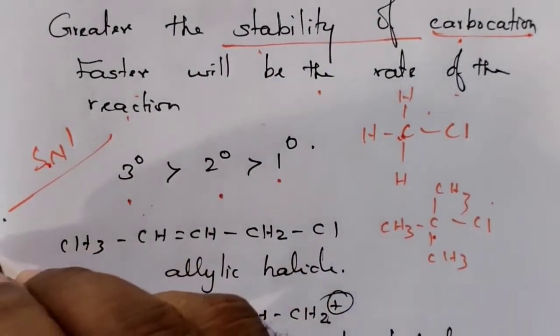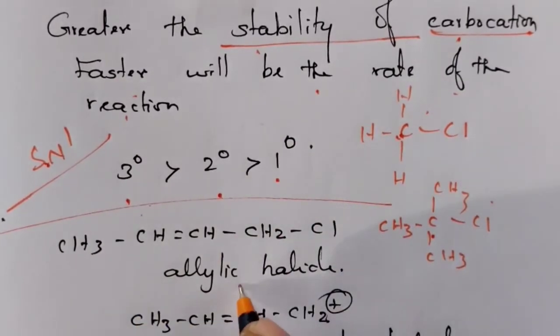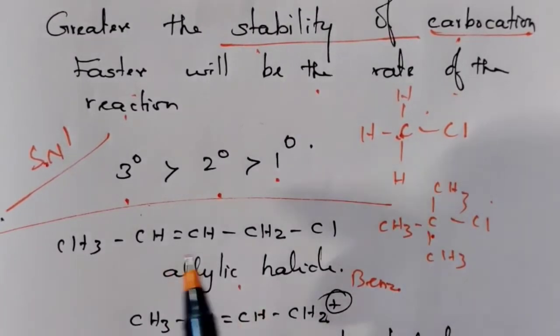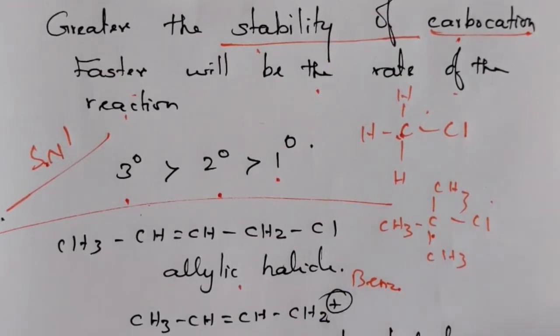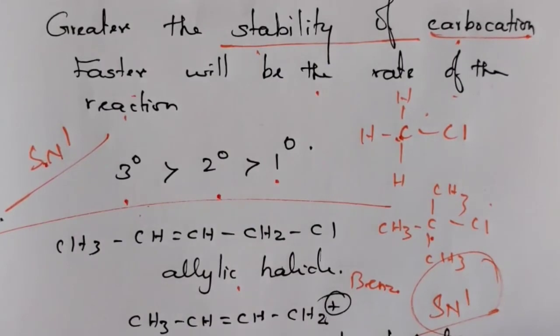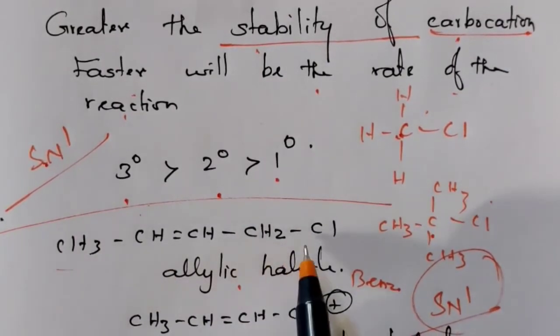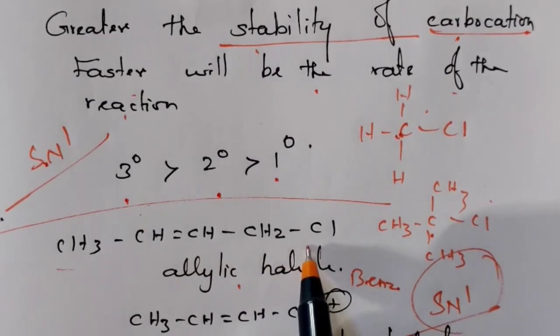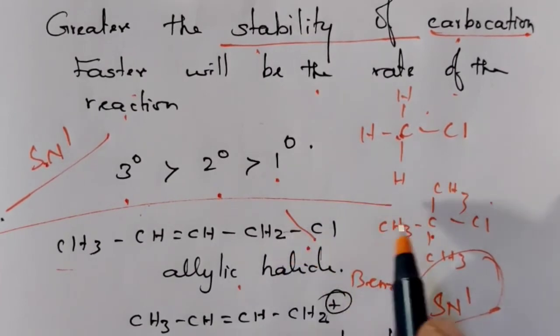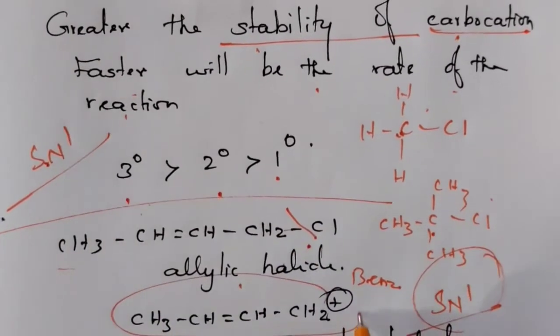On this basis, allylic halides and benzylic halides are faster in the SN1 mechanism. Both allylic as well as benzylic halides are fast because of the stability of the carbocation formed. See, this is an allylic halide. As per the SN1 mechanism, in the first step, this Cl gets ionized and we get a carbocation.